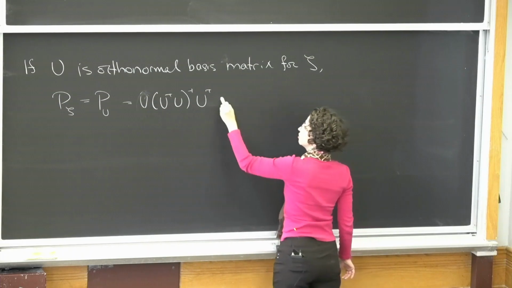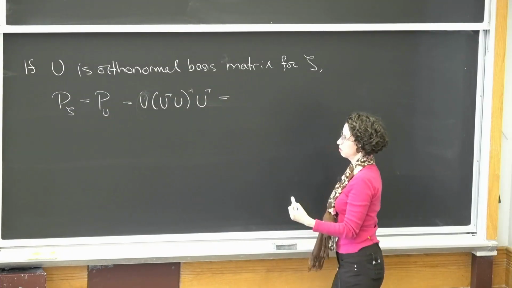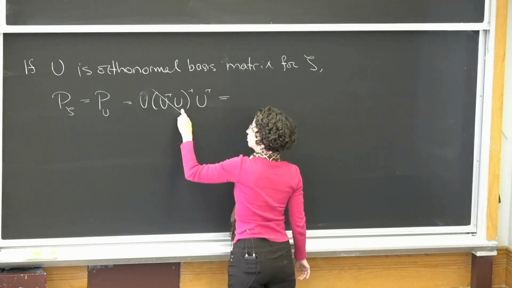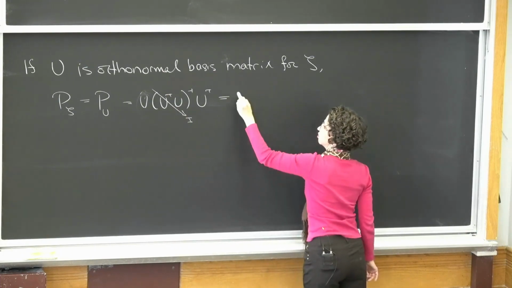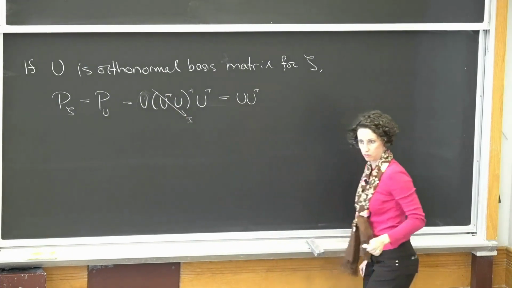Because it's an orthonormal basis, U transpose U would just be an identity matrix, and so we would have U U transpose.